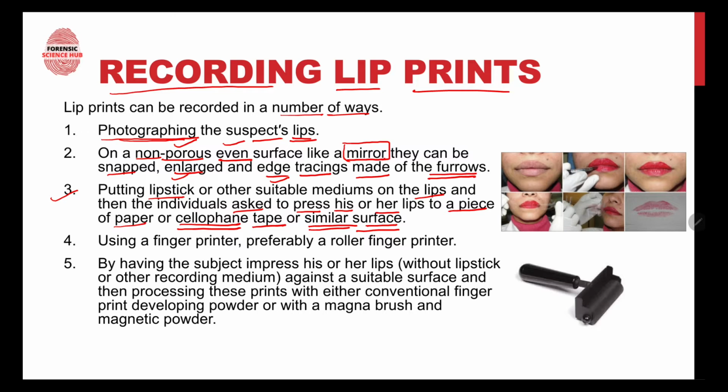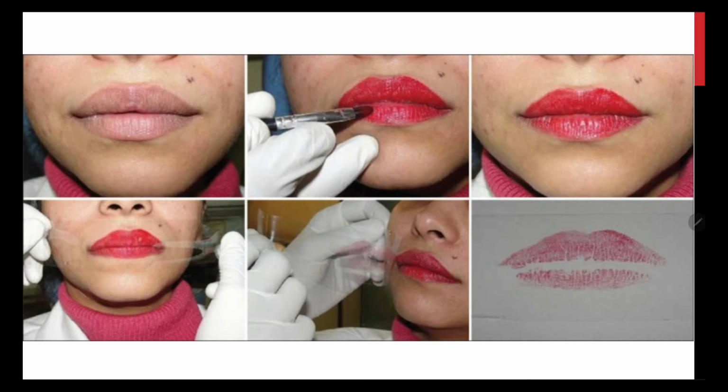If you look at this picture, actually I have an enlarged version here. This is how the suspect's lips were originally. Then in order to record the lip prints, here you can see that the lipstick, the pigment, is applied. Then this is how the lips are going to look after application.